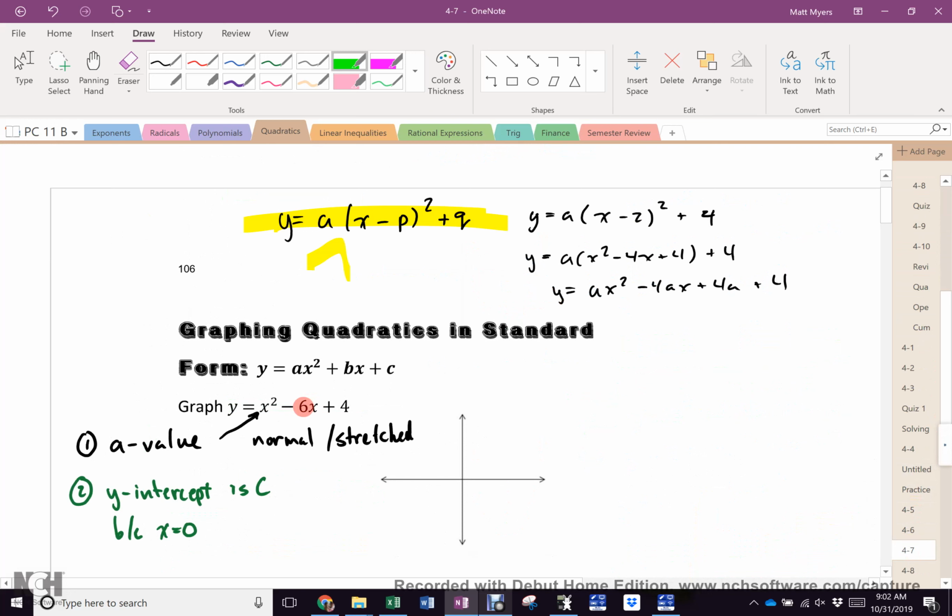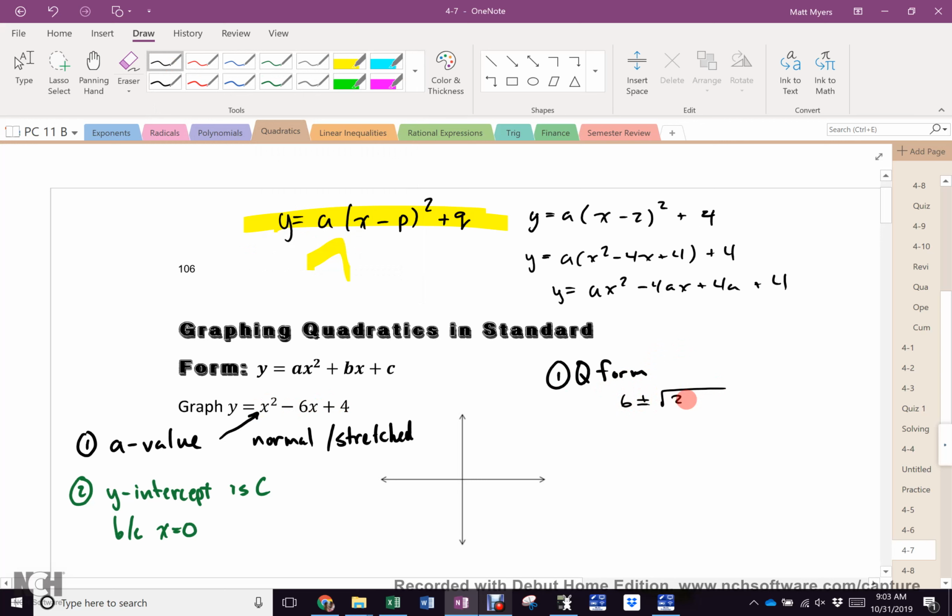Quadratic formula would give us what? No. What would it give us? It would give us the x-intercepts, right? The roots. Everyone agree? So one thing we could do is use the quadratic formula. I'm just going to write Q form because I'm lazy. If I were to do the Q form, I would get 6 plus or minus the root of 36 minus 4 times 4 times 1.